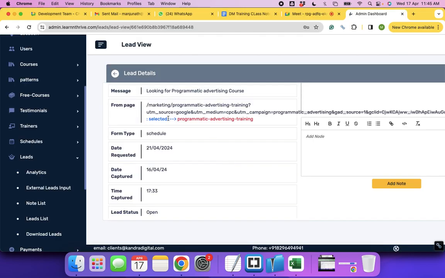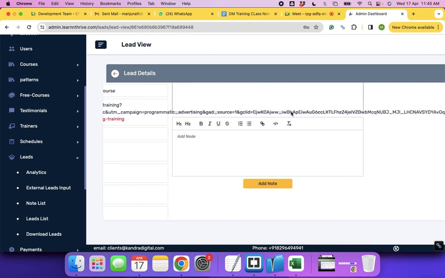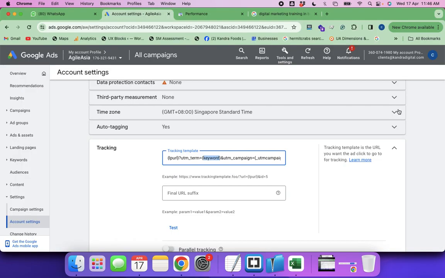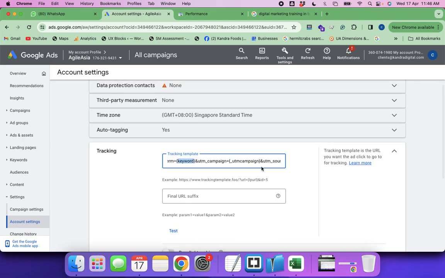If we put UTM term equal to keyword and UTM campaign equal to campaign, whatever is in the flower brackets is a variable. We'll be able to understand from which keyword a user has come to the website.